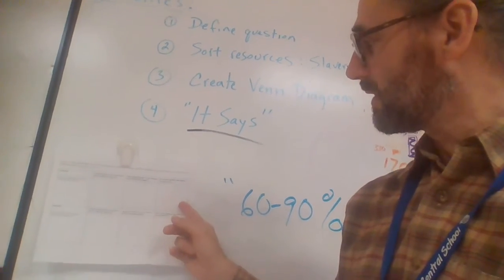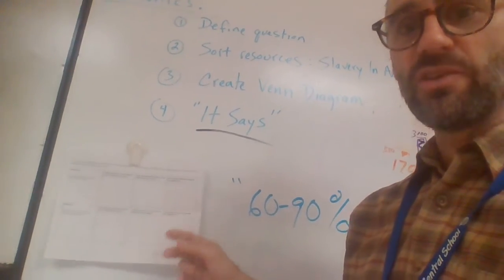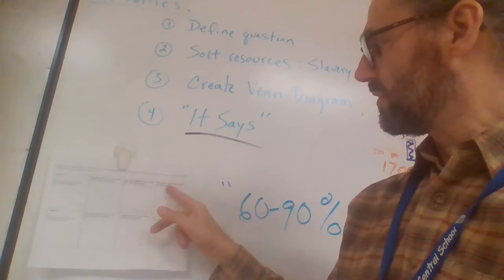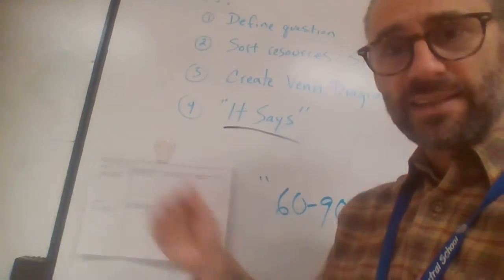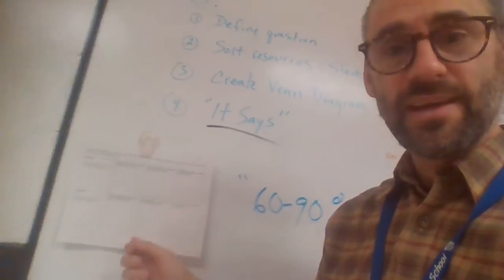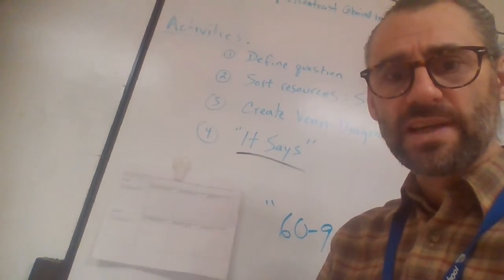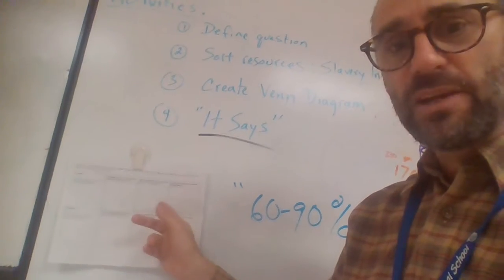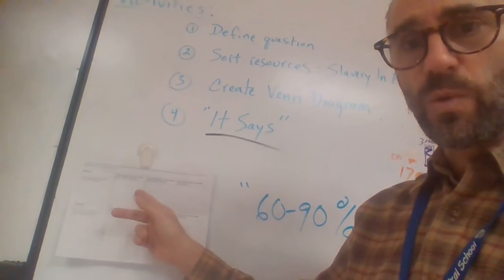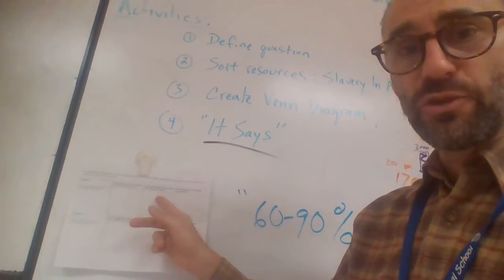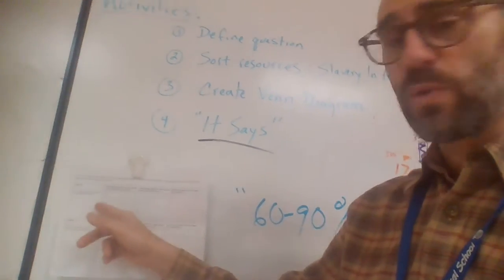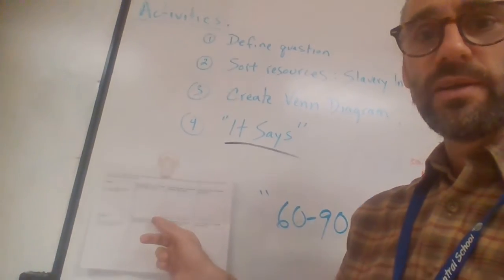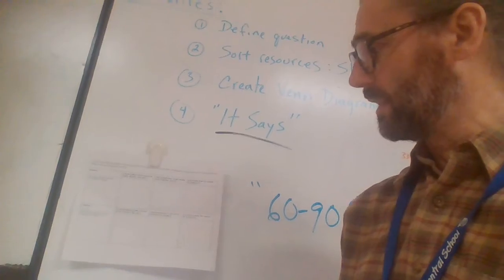And then the final box says, And So. This is, how does this answer the question? I like to take that a step further and say, and so what? So what are you telling me? You need to explain how that information you've provided, the quote or the fact, and your paraphrase, how does that answer the question? How does that show that the North was connected with slavery?